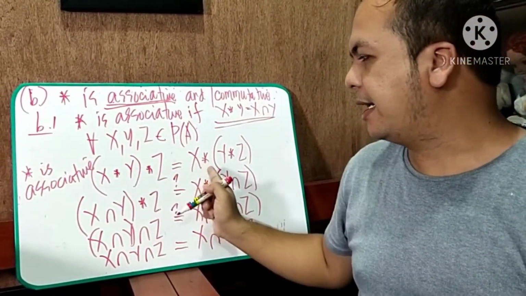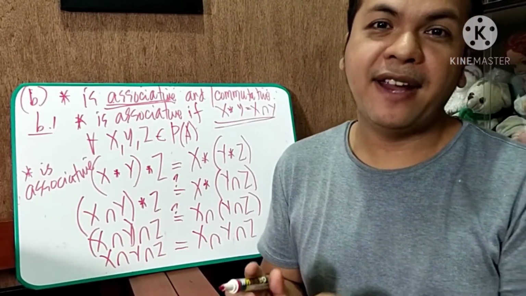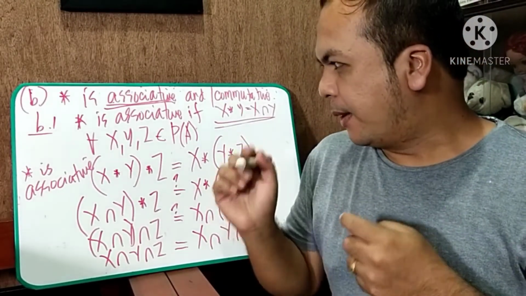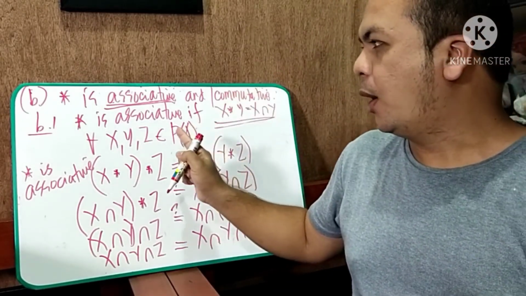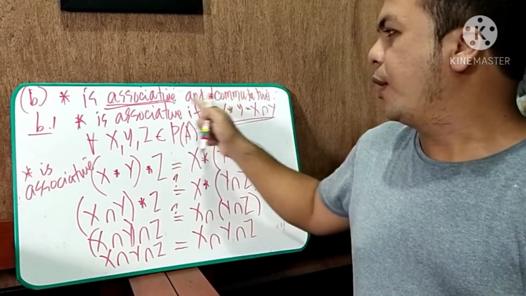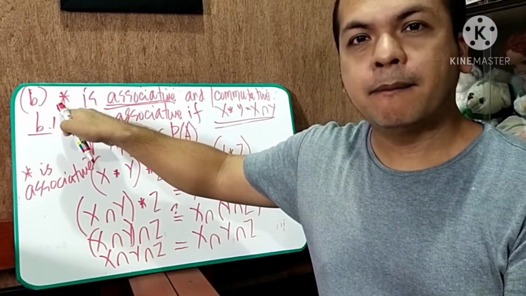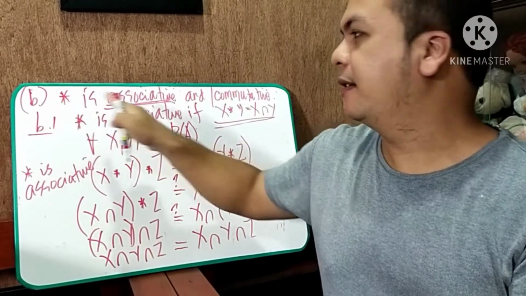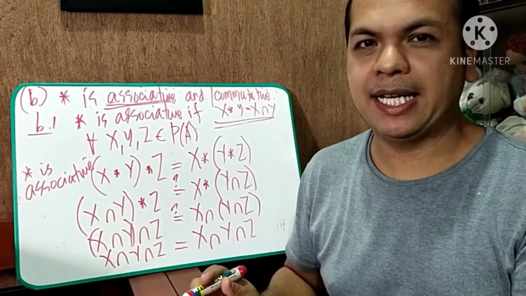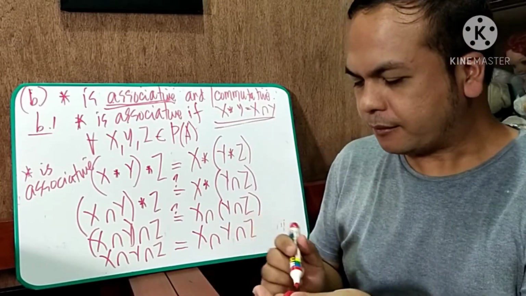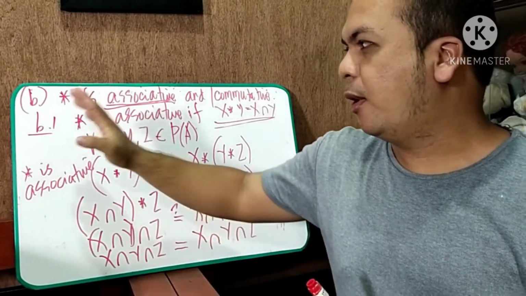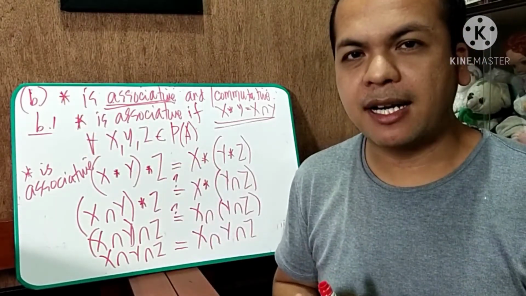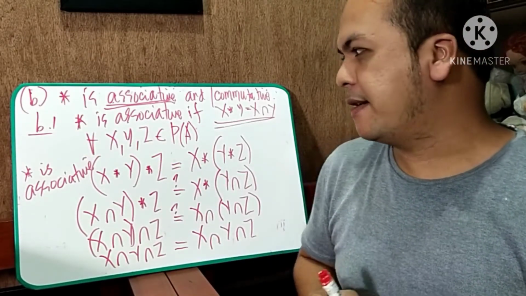The right-hand side is equal to the left-hand side. Okay, ngayon, ang gawin naman natin ngayon is ipakita natin or alamin natin kung yung binary operation star is commutative naman.